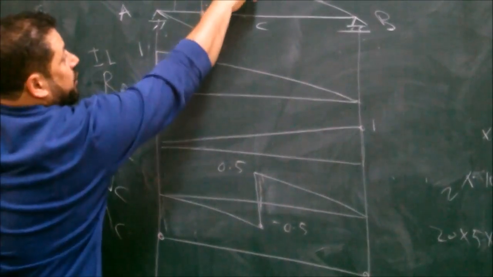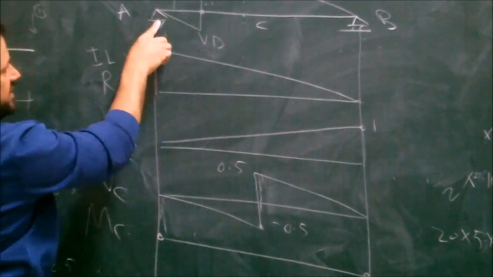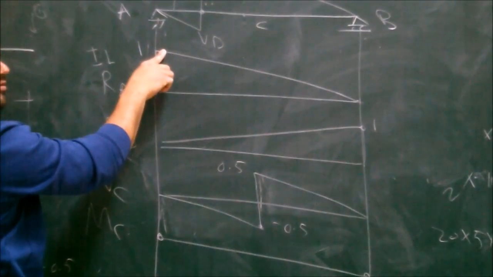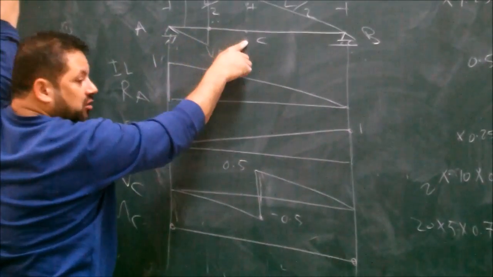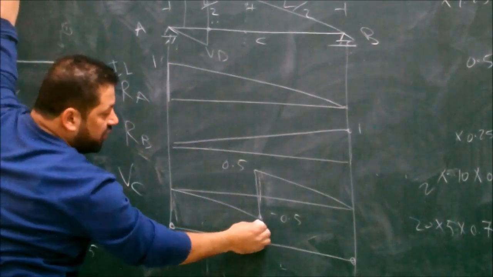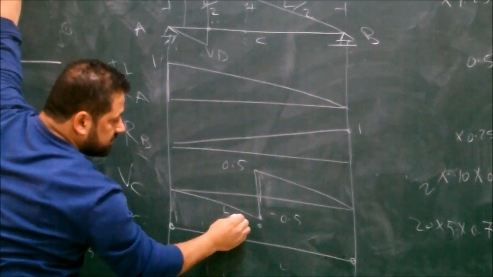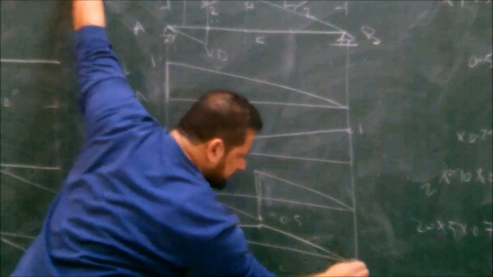So when the unit load is here, 1 here, the reaction here is 0.5. So the moment here will be 0.5 times L over 2, so L over 4. Straight.